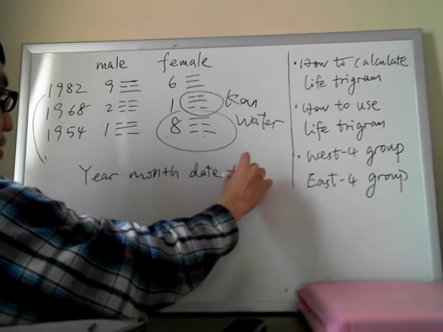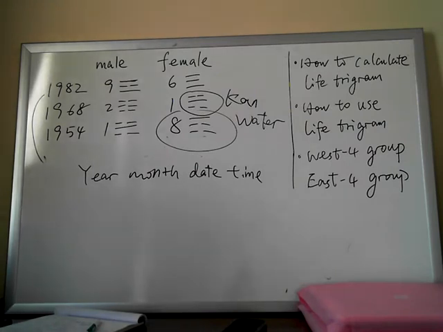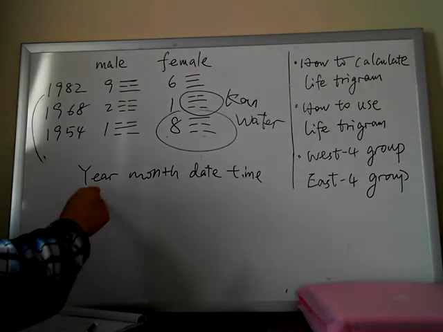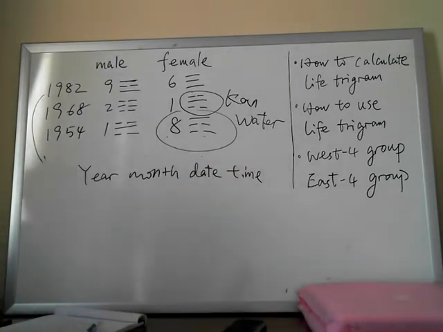The life trigram is only from the birth year, so you cannot forecast a person's character from it. The information is not enough, even if you have the birth date and time.